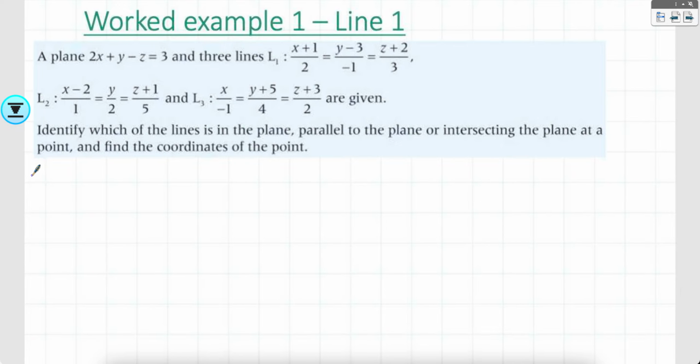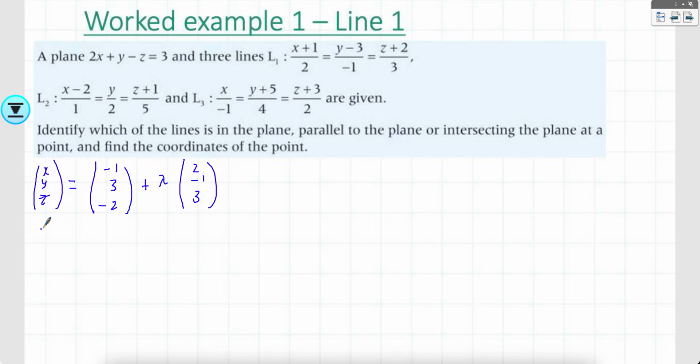I always like to start with writing it in vector form. So I know this will be (-1, 3, -2), so I'm just taking the negation of these, and then lambda (2, -1, 3). This is my direction vector here.